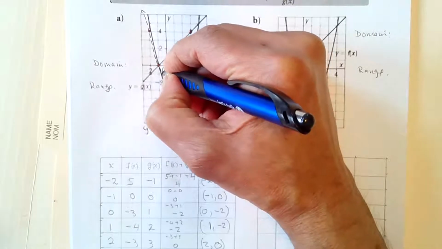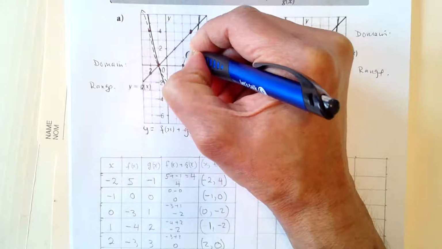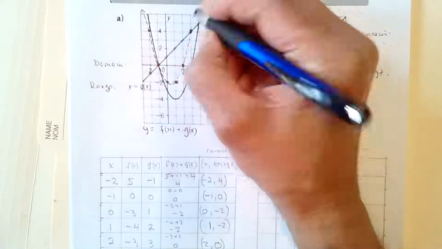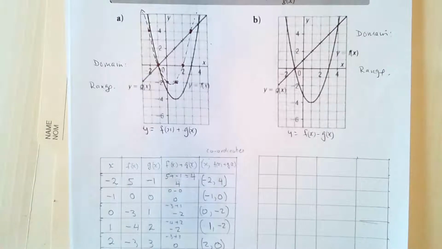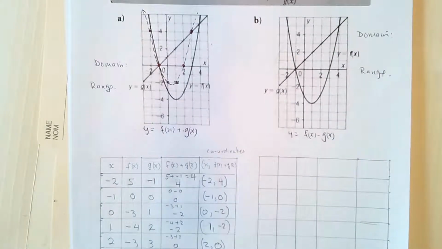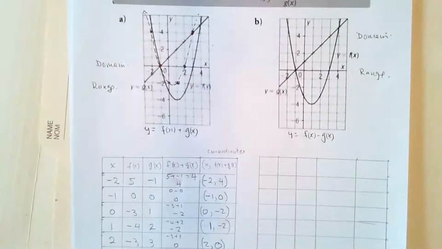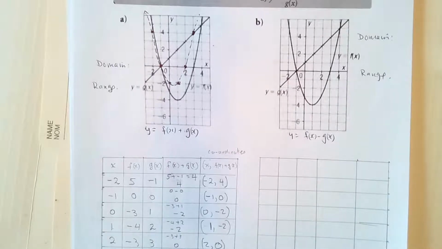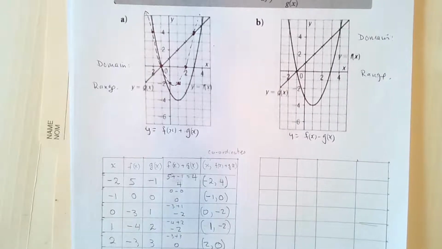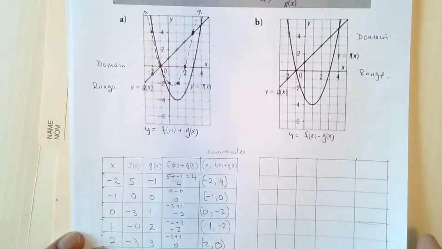So we can continue. And I can do a fourth point here, 5, 5. But it goes on: 5 plus 5 is 10. This point would be 4, 10. Now, it's way up the scale here. So that's my graph.